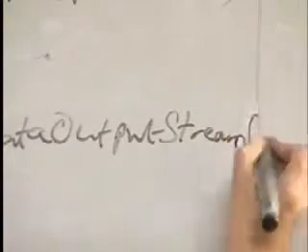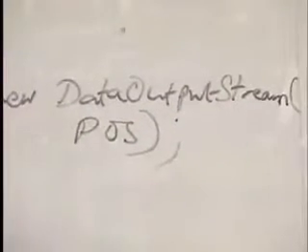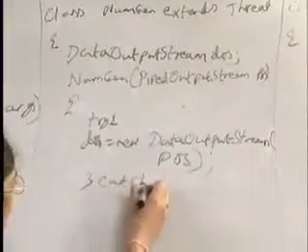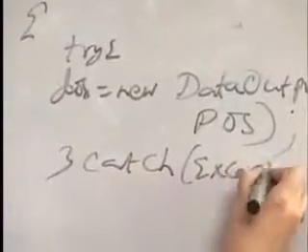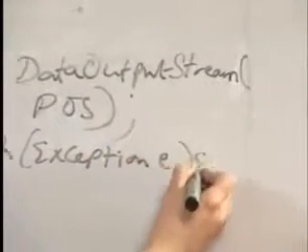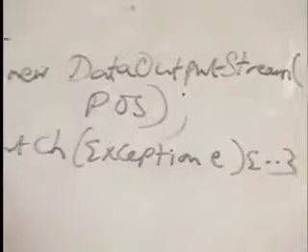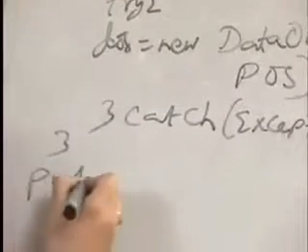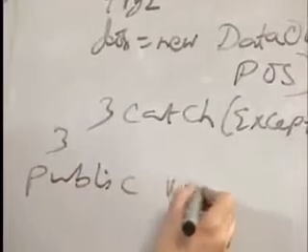It needs to know where to write the double to in this case, so we need to pass the piped output stream object as a parameter. We need to override the run method. It is in the run method where we generate the random number.